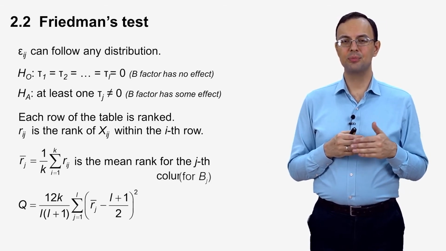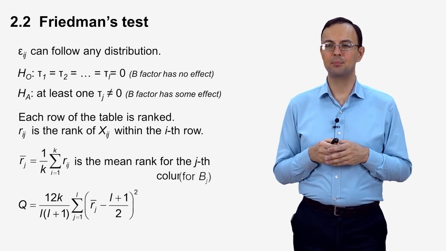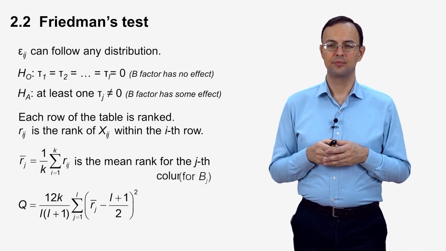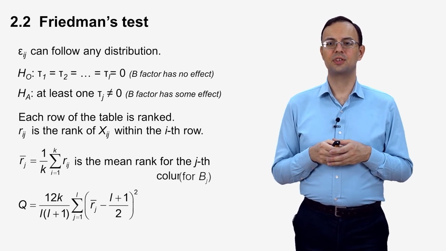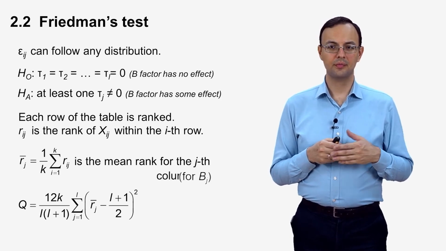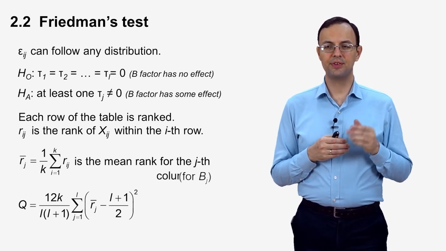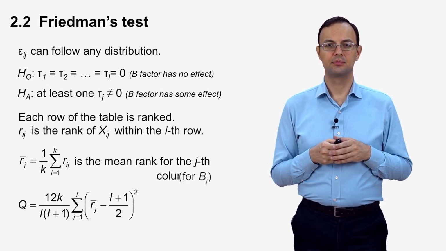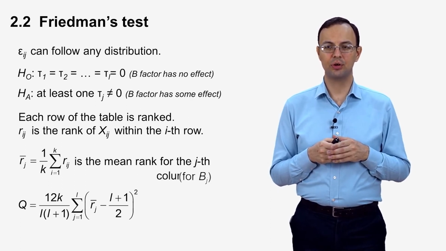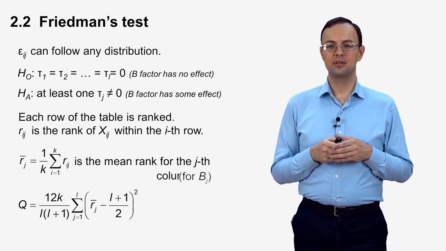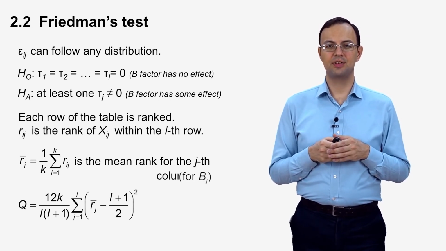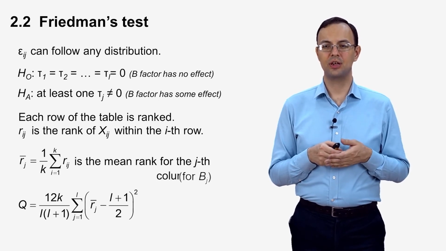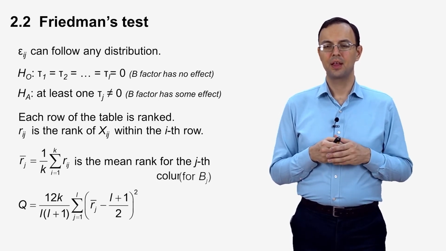Now let's assume that we are testing the hypothesis that the B factor has no effect. In this case, each row of the table is ranked. So observations in each row are ranked from 1 to L, and small rij is the rank of xij within the ith row.